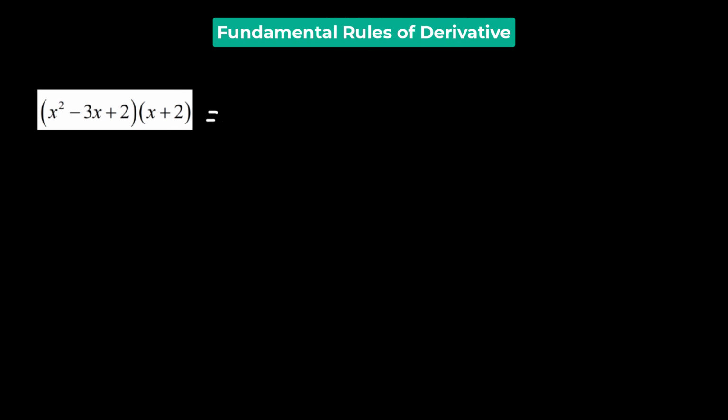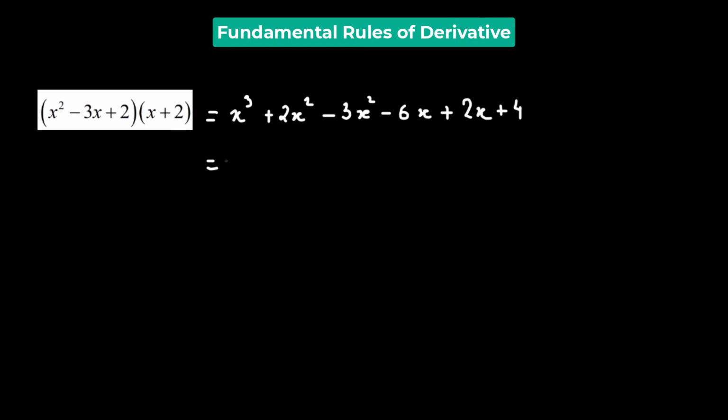So we have x squared multiplied by x, which will be x cubed, plus x squared multiplied by 2, which will be 2x squared. Then we have negative 3x multiplied by x, which gives us negative 3x squared, and negative 3x times 2 will be negative 6x, plus 2 times x plus 2 will be 2x plus 4.